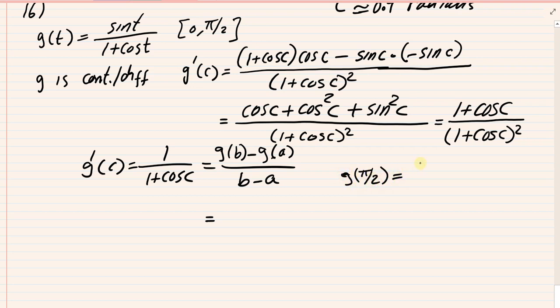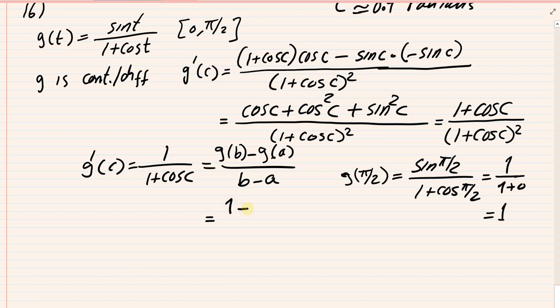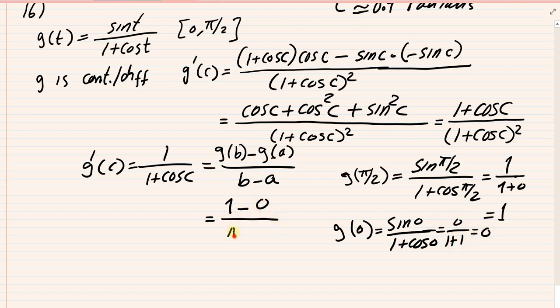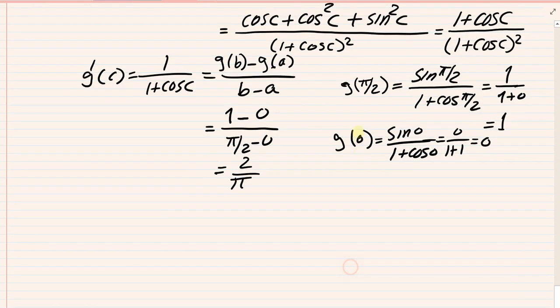Well, that's going to be sine of 90 degrees over 1 plus cosine of 90. So that's 1 over 1 plus 0, or 1. So that's 1 minus g at a, that's g at 0, which is sine 0 over 1 plus cosine 0. That's 0 over 1 plus 1, or 0. And b minus a is again pi over 2 minus 0, so that's 2 over pi again.